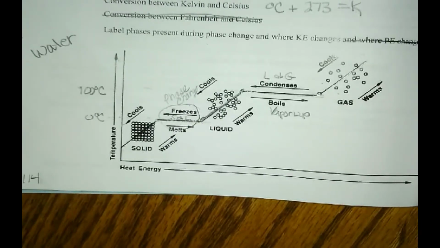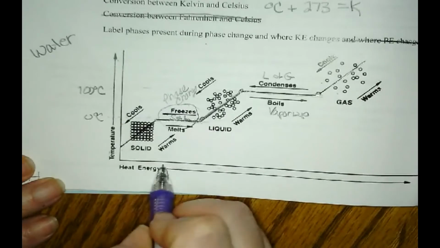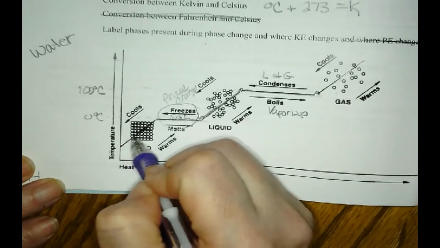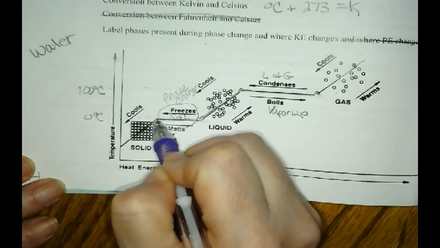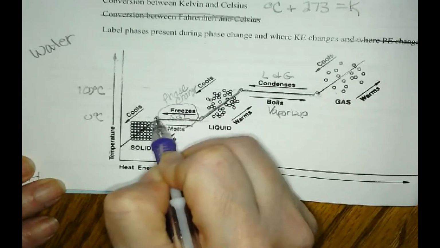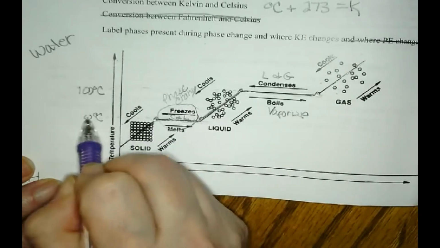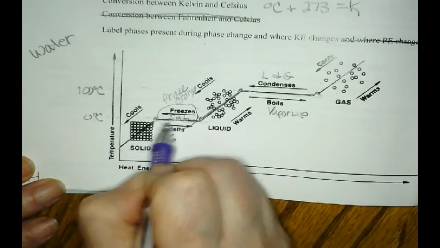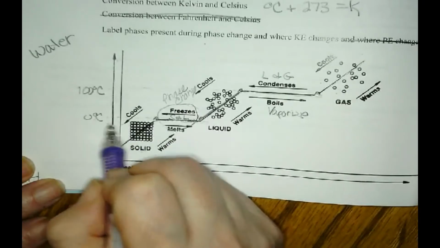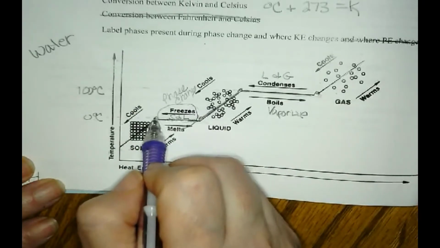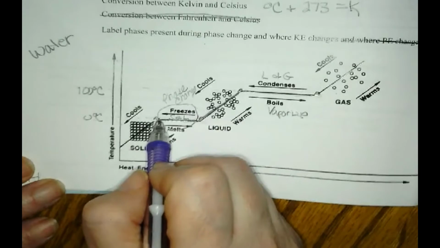So, to reiterate, as I add heat, my particles move faster and faster until I hit a temperature where a phase change occurs. For water, it's 0 degrees C. For something else, it would be another temperature, so I could use this to decide what kind of material I have. Like if it's aluminum, it would be a much higher temperature to melt aluminum, right?